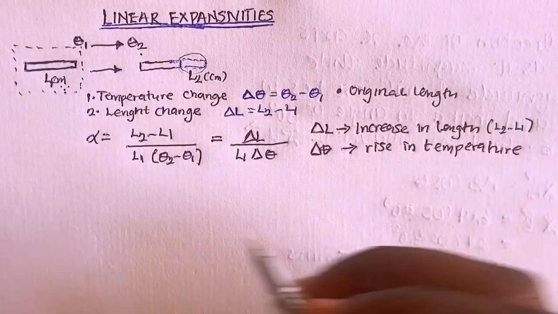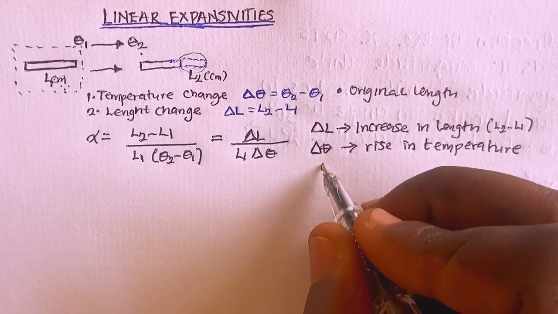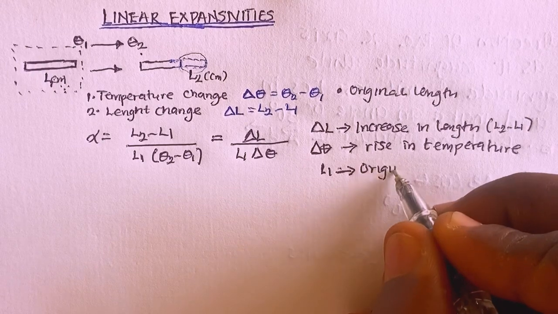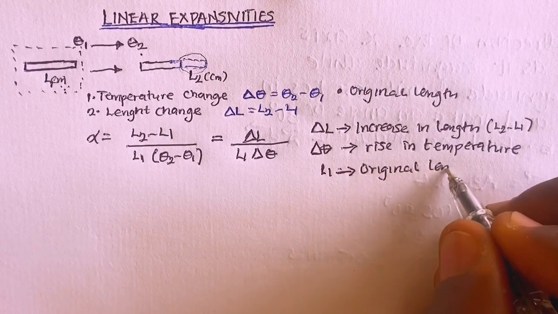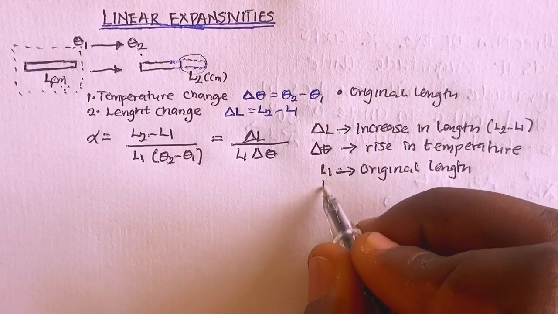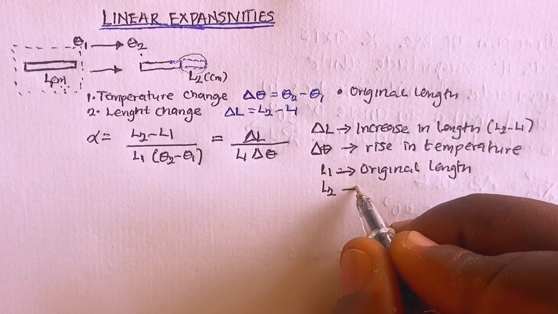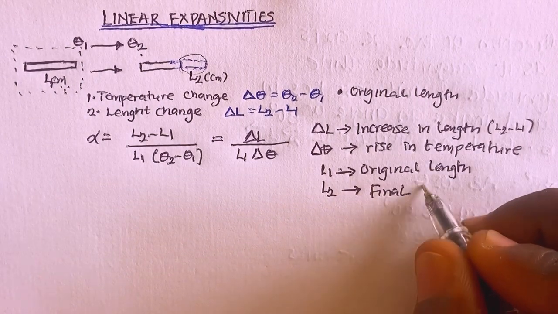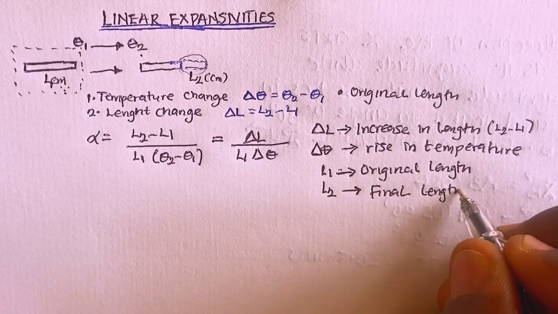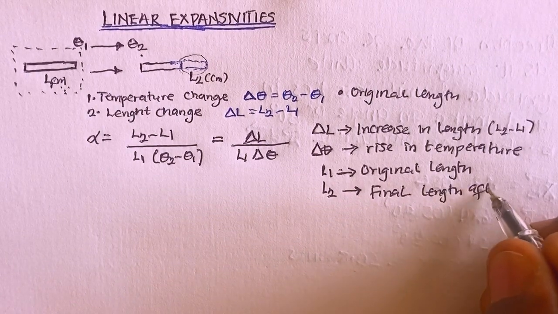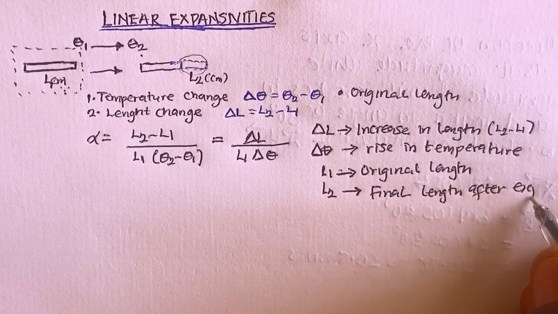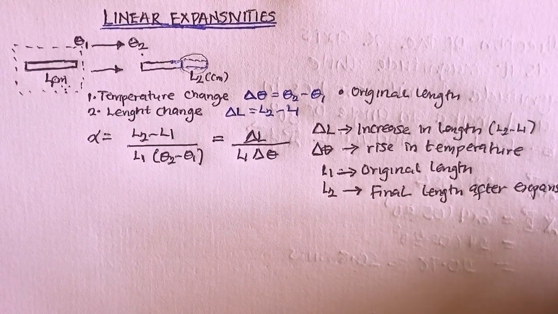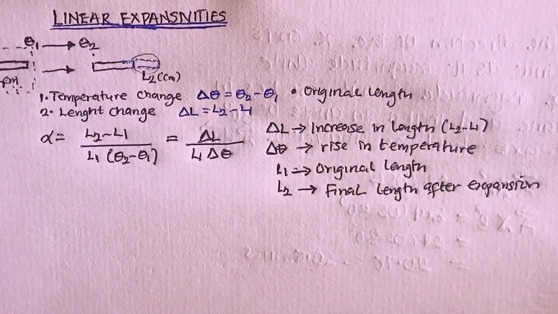Then my L1 is taken to be the original length of the material. L2 is taken to be the final length of the material after expansion, that is after there is an increase in temperature. So there is going to be an increase in the expansion of the material.